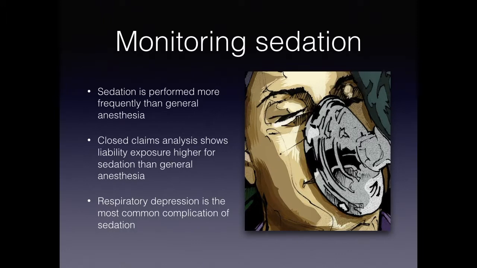Now how do we process this in terms of our approach to detecting changes in respiration? I have a question. When you say the most common complication, can you put that in numbers?